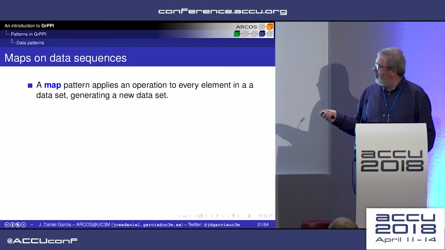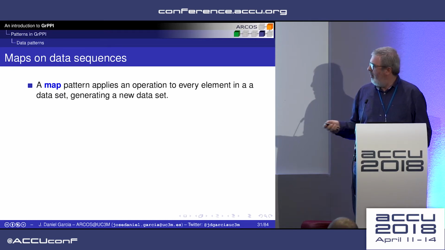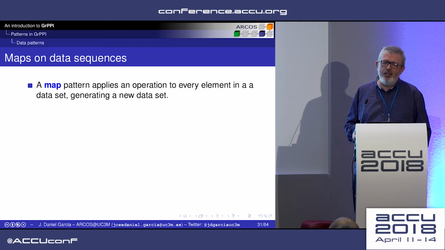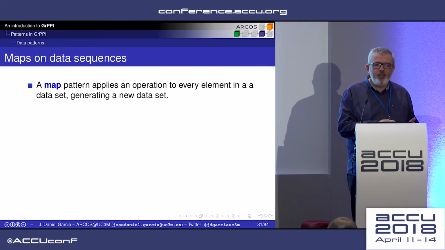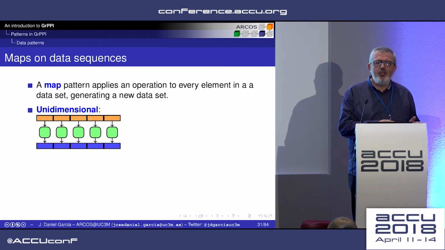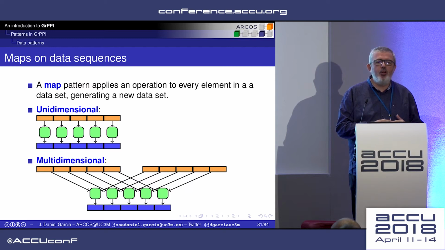This could be unidimensional or bidimensional, or in GrPPI it can be n-dimensional, while the transform in the STL can be applied only to one data set or two data sets, but not to 3 or 4 data sets.